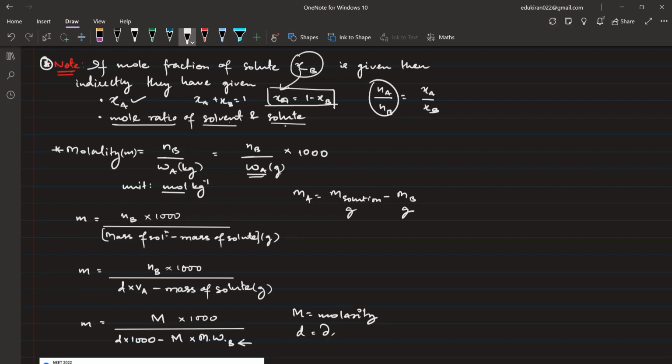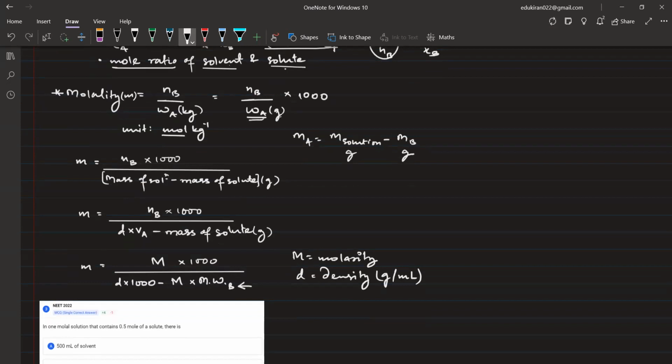D is equal to density. This should be in grams per ml. MWB is the molecular weight of solute.